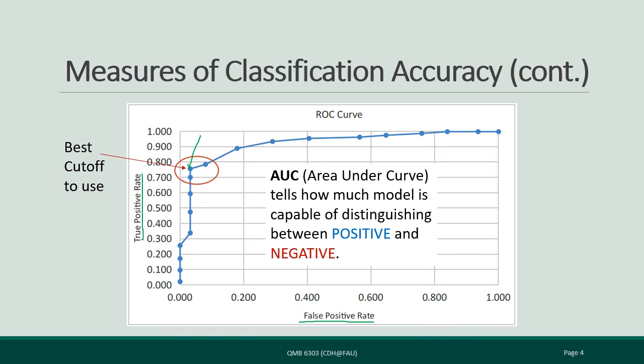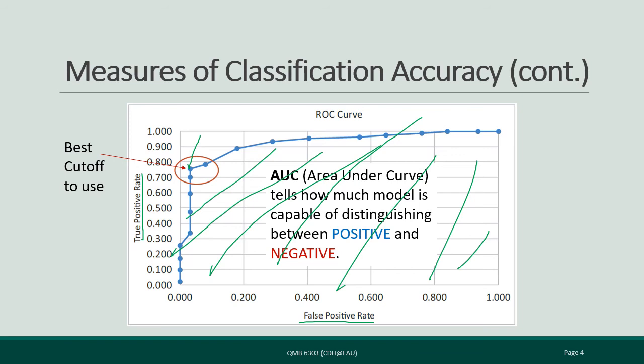The other thing is what we call the AUC, the area under the curve. If we measure the area under this curve, so basically we measure the curve, measure the area here. Let me draw it. Let's see if I can draw that. So this area under the curve tells how much the model is capable of distinguishing between positive and negative.